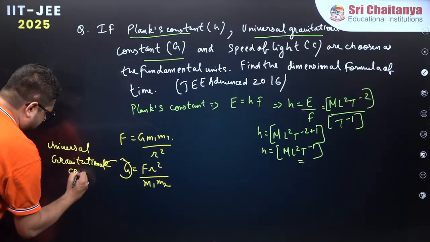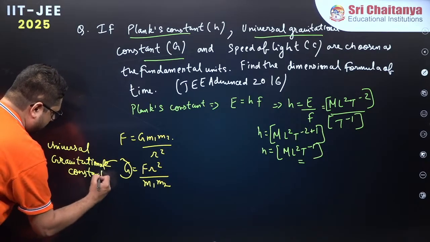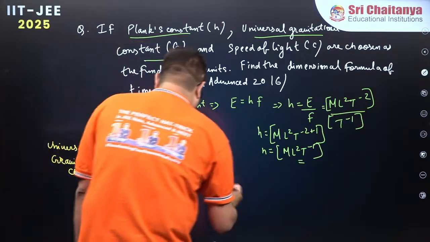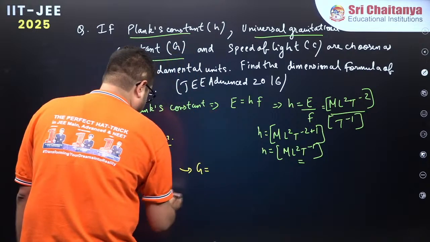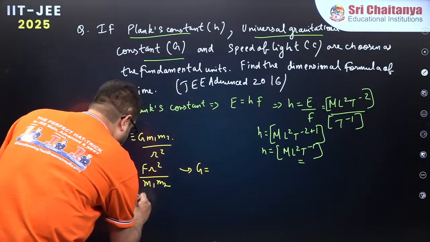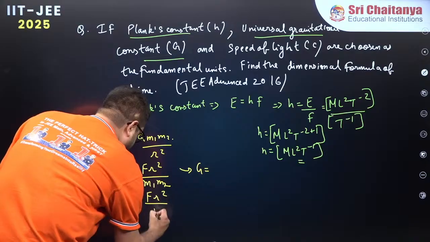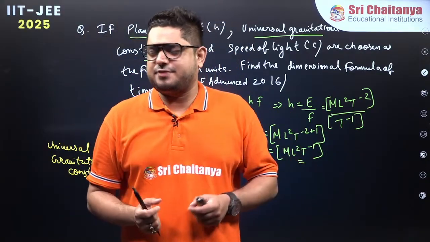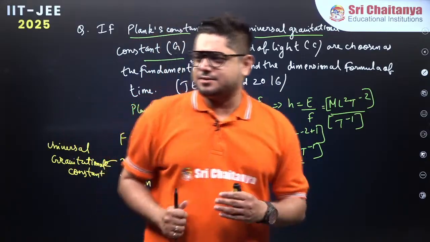So I can write G as F r square by m square, where the force is the gravitational force of attraction between two like masses.